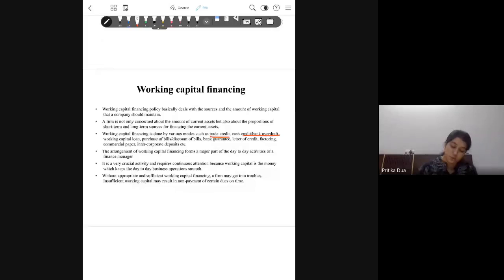Next, the next two terms, if I talk about, they are related. One is bank guarantee and one is letter of credit. What is a bank guarantee? बैंक किसकी गारंटी देगा?